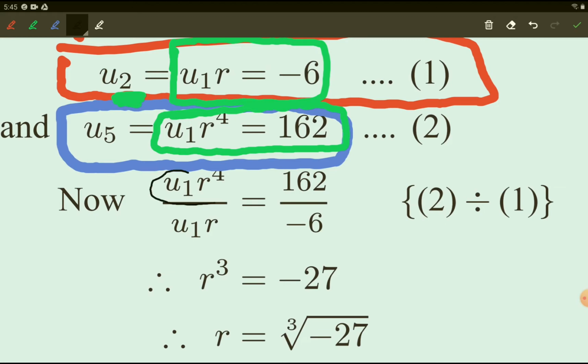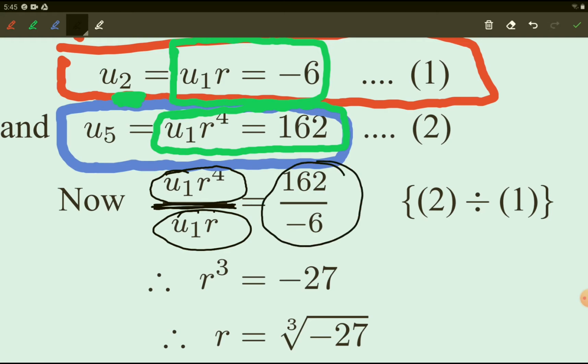So they took U1 times R to the fourth divided by U1 R. You can put R to the 1 if you want. That is 162 divided by -6. So this is where your laws of exponents come into play.